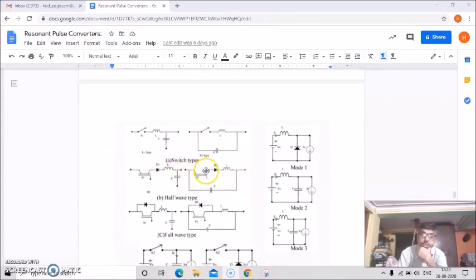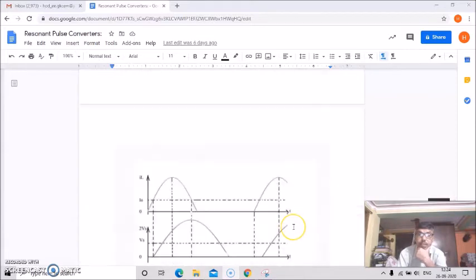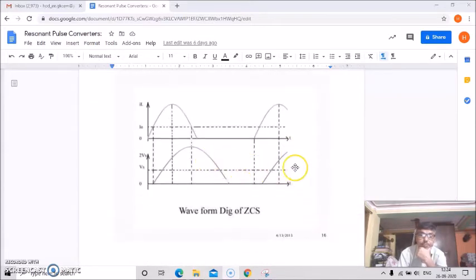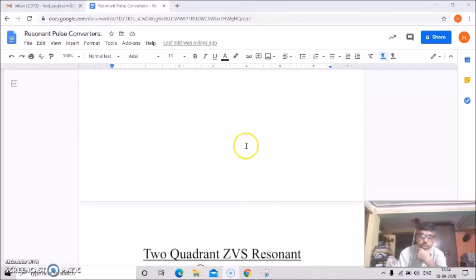So this is the switch type, half wave type, full wave type, different modes, mode 1, mode 2, mode 3, and these are the waveforms of ZCS. So that's all about zero current switching.